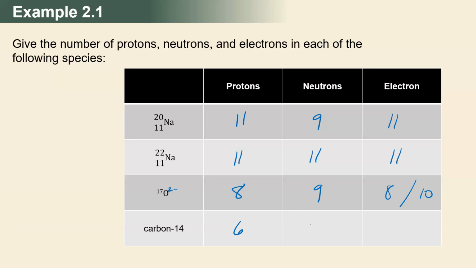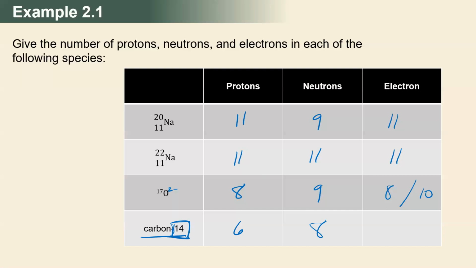What's our mass number when it's written like this? Wait, wouldn't it be 6? Oh wait, no, 12. Oh, 14. 14 is our mass. Sorry. No, that's fine. If 14 is our mass number and we have 6 protons, how many neutrons? Oh, 8. 8, you betcha.